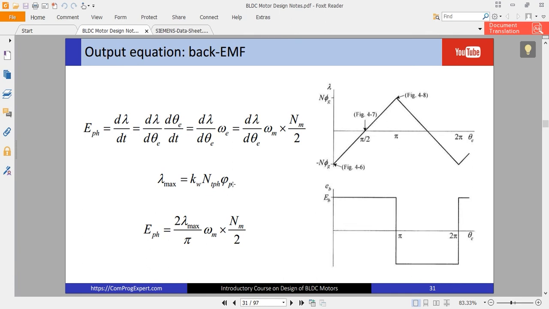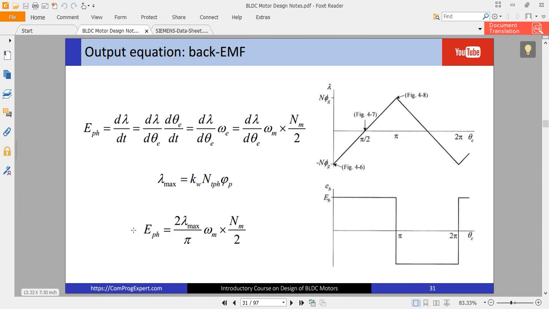But because we use distributed winding, we cannot capture this amount of flux, and what we get in the winding is lower. So we define the winding factor. The maximum flux linkage is the winding factor times N_T phase times the pole flux.